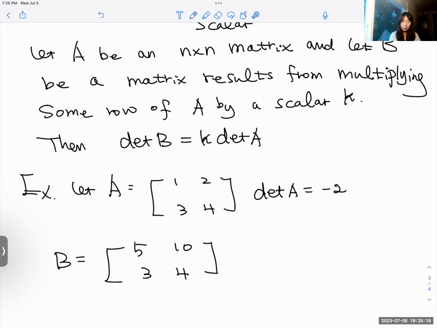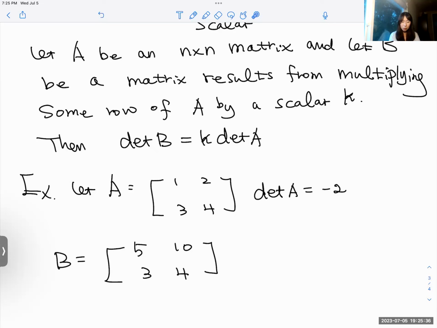All right, what can you see? We can see the second row is the same, but from matrix A to B, we have a scalar 5.